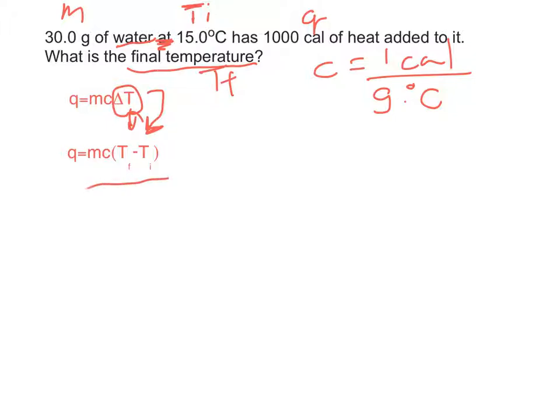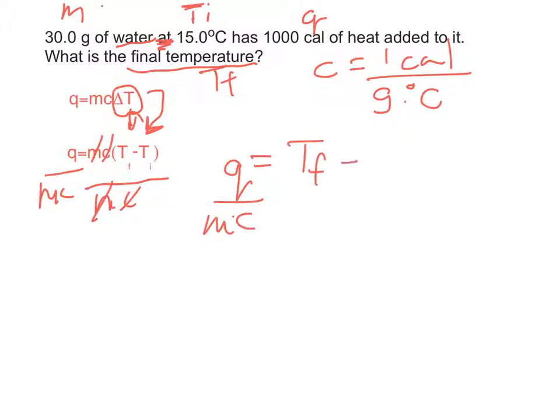To get rid of M and C, we divide, and that gets those guys over here. So then we end up with Q over MC equals TF minus TI. And so remember that if you want to get rid of the TI and get it over to the other side and get TF by itself, you have to do the opposite of what's happening with them.